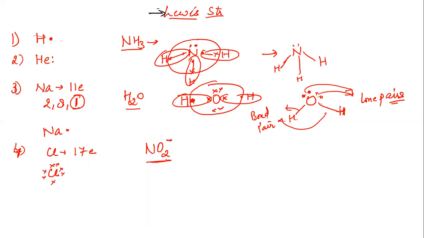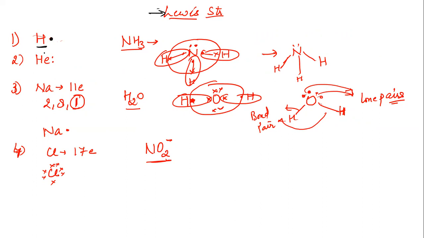Now, Lewis was a scientist who gave a different structure for each and every compound, and these structures are based on valence electrons. Suppose hydrogen: it has one valence electron, so its Lewis structure is like this.